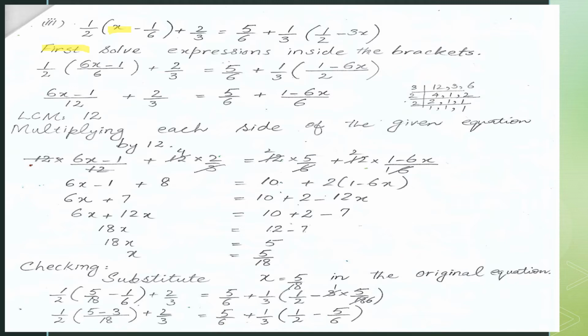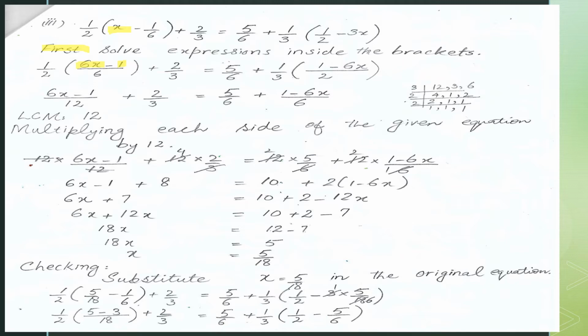Means in the denominator we do division. Then multiply the number that is coming after division, that is 6. 6 is going to multiply by x minus 1. Minus 1 is why? Because the LCM and the denominator are the same. 6 divided by 6 gives you 1. 1 multiplied by 1 gives you 1.